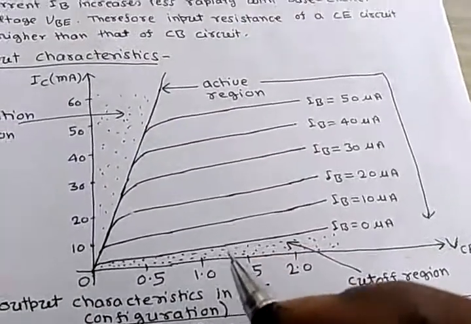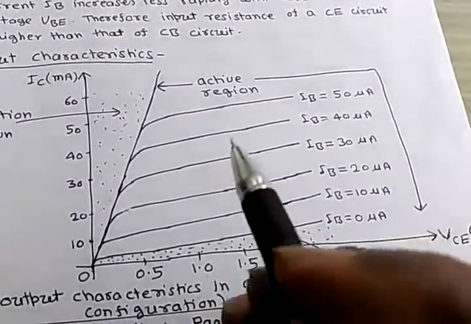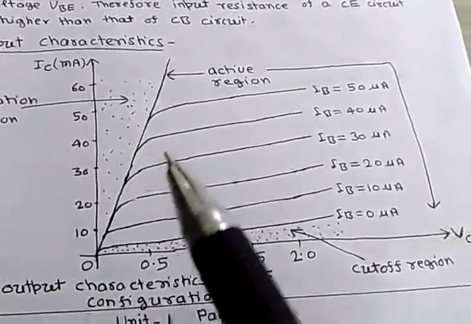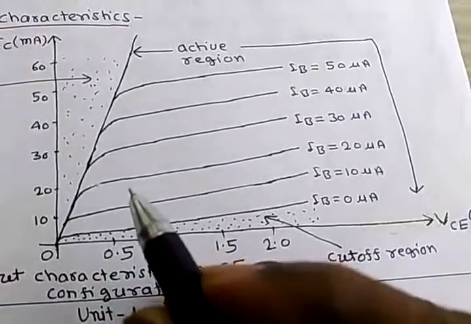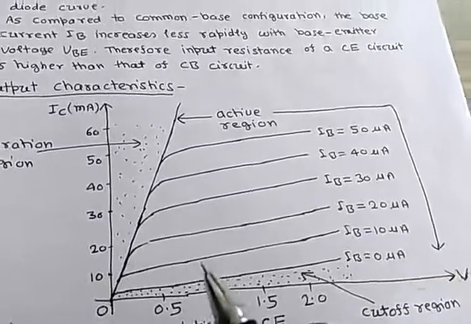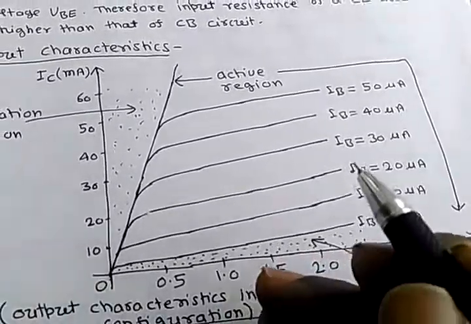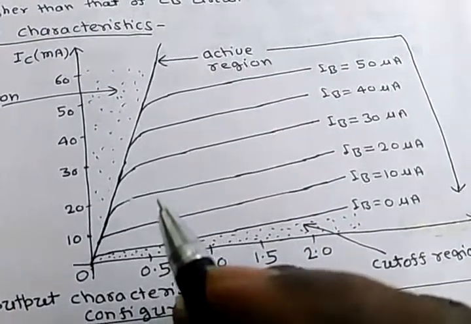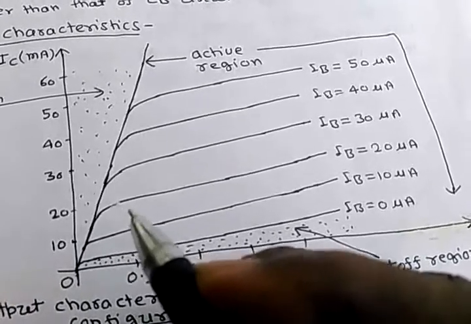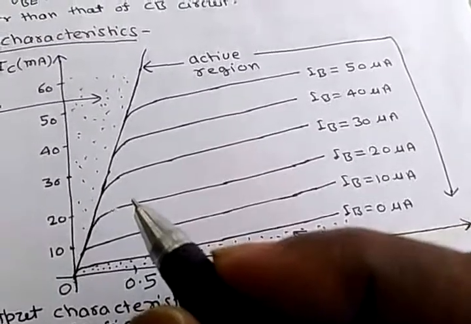As shown in the figure, the output characteristics is divided into three regions: active region, cutoff region, saturation region. In active region, if we increase collector to emitter voltage, the collector current increases, but in case of common emitter configuration, the curve is less horizontal in comparison to the common base configuration.